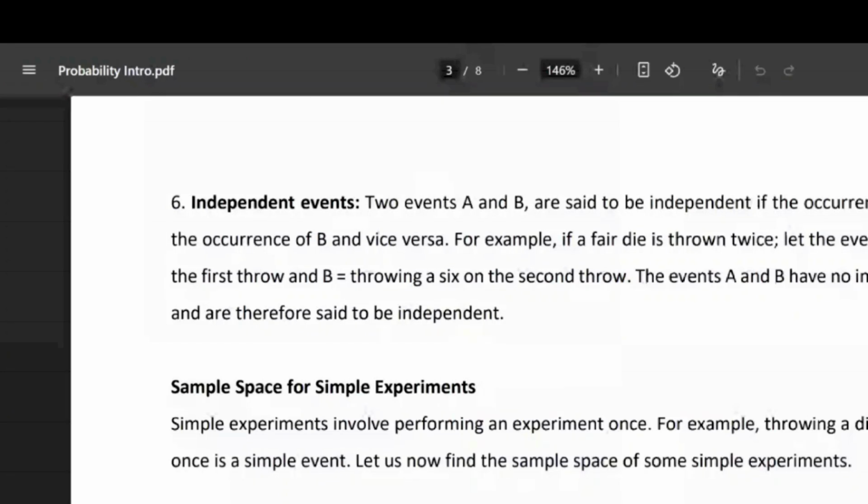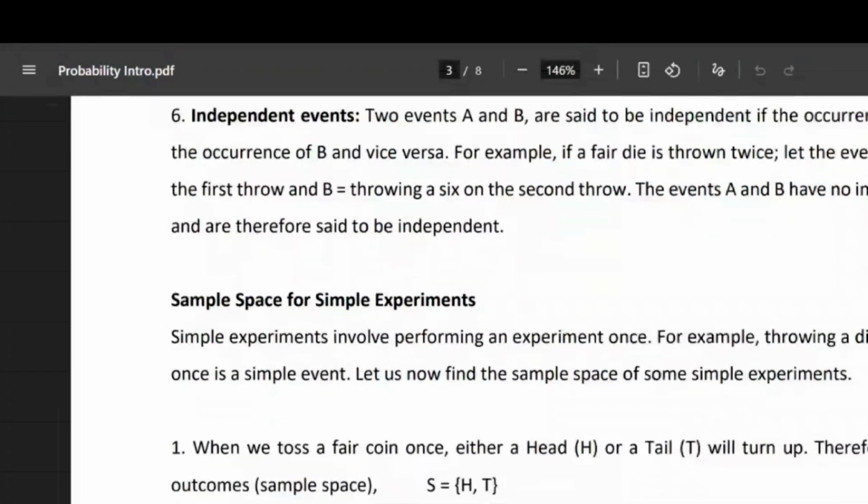Sample space for experiments. A simple experiment involves performing an experiment once. Throwing a die once or tossing a coin once is a simple event. So we now find their sample space.